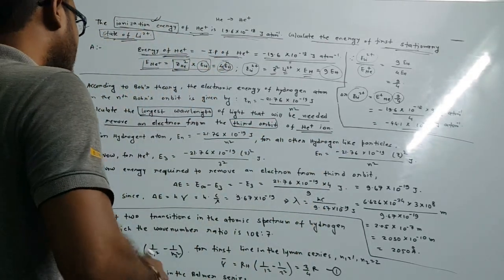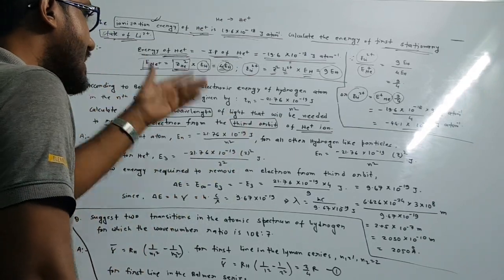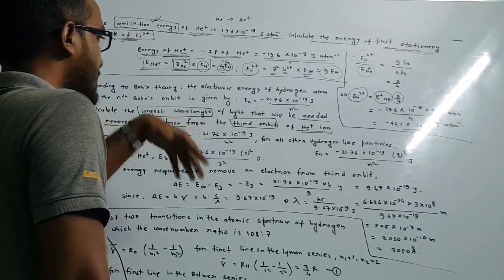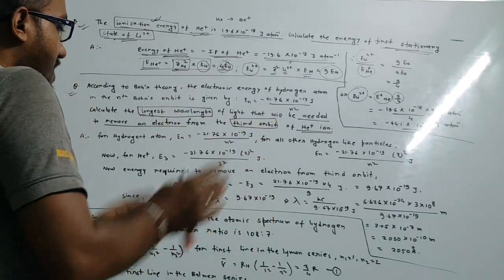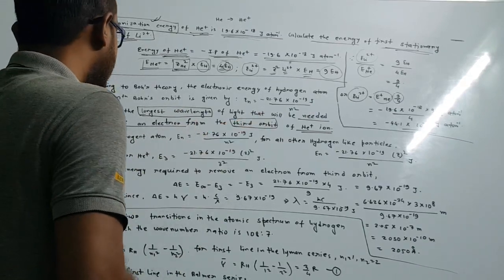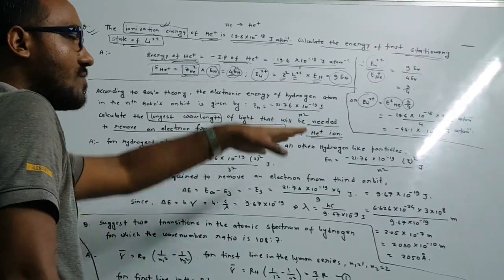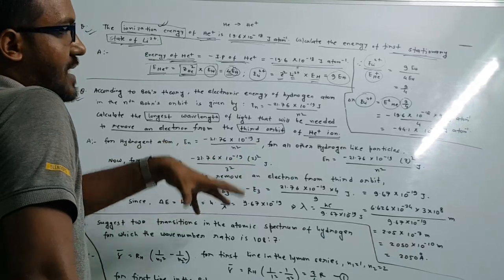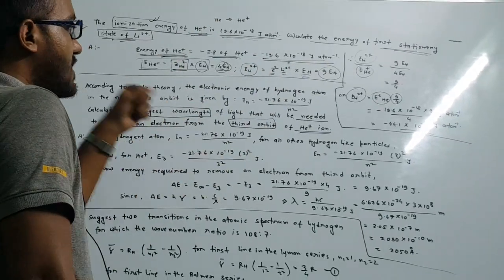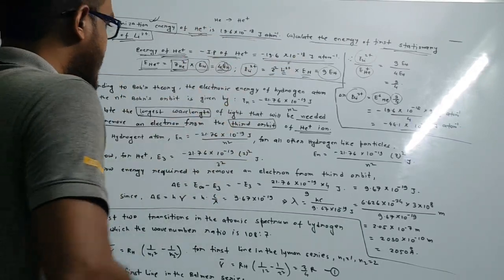See, the question says the electron is in the third orbit and you have to remove it, and you have to provide the lowest wavelength of light. There is no information given about from third orbit to which orbit, so you have to consider that you are removing that electron completely, that means from third orbit to infinity.